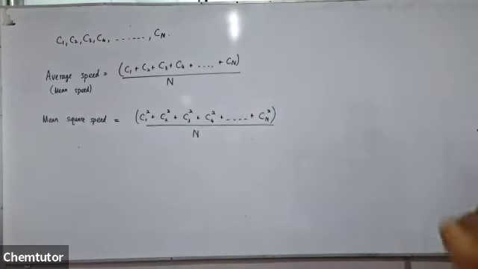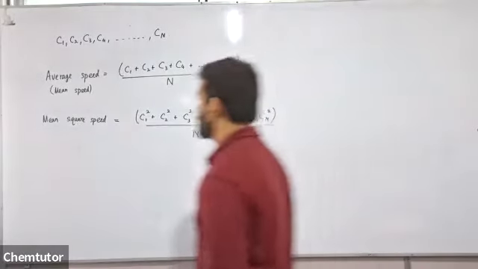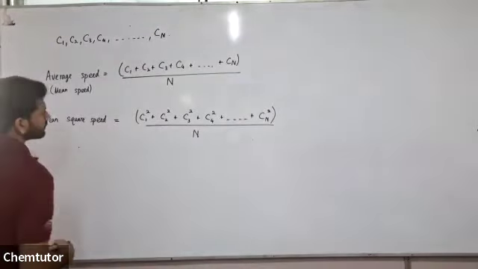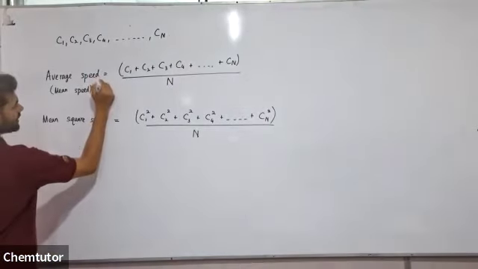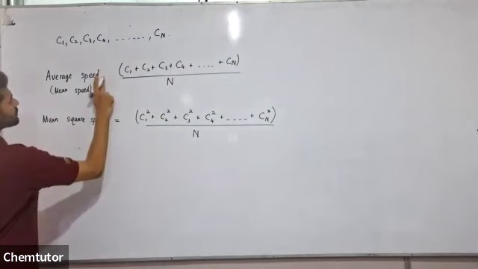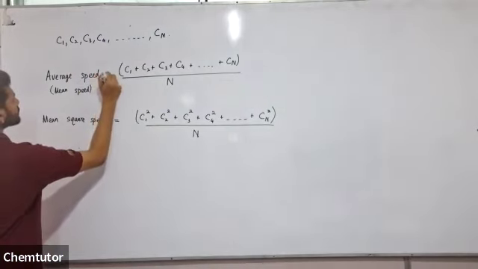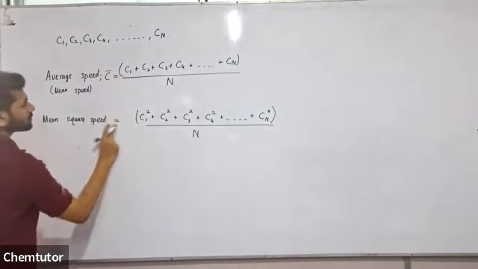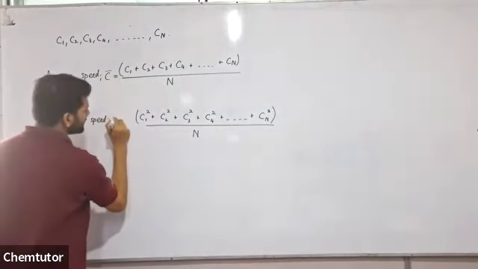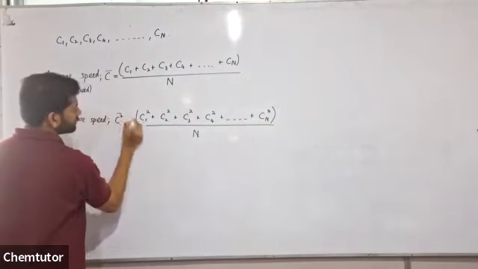That means we are squaring the speeds and taking the mean of that. Then there's another parameter you need to know, that is the root mean square speed. Actually, the average speed is called C bar, and with this, C square.